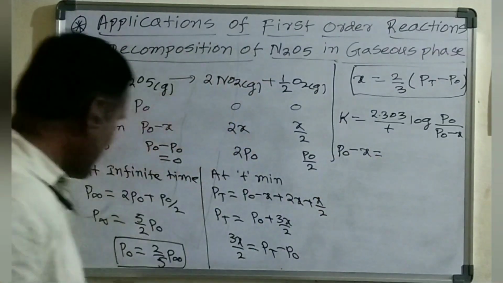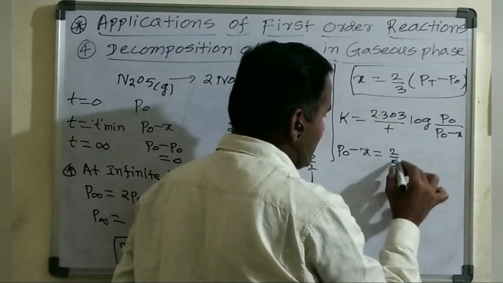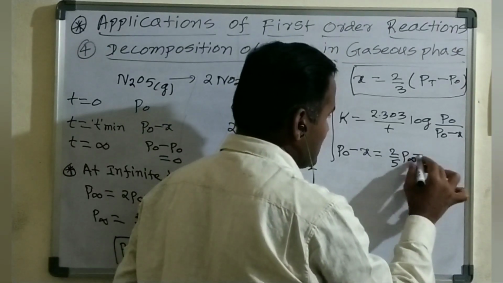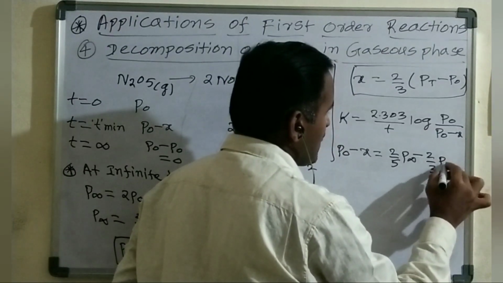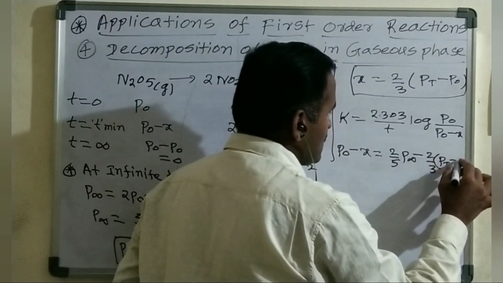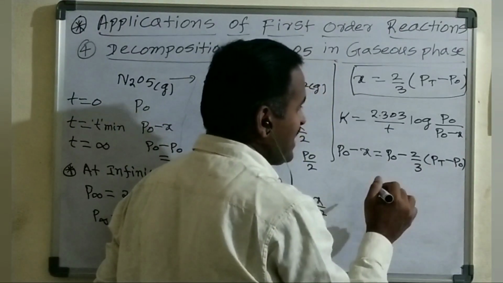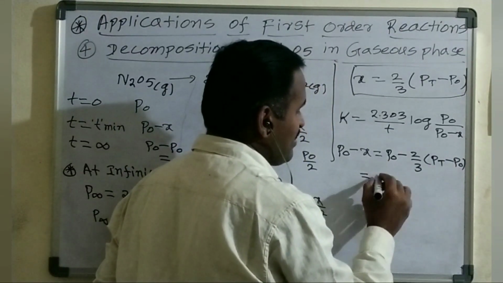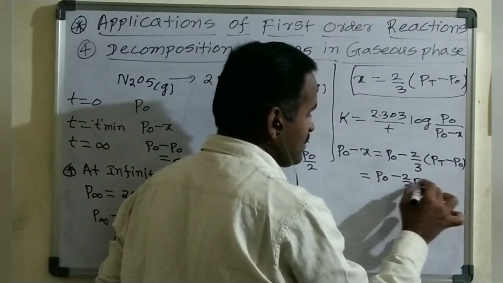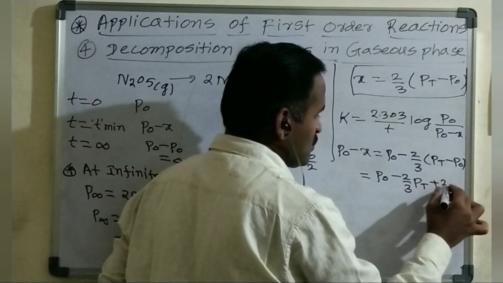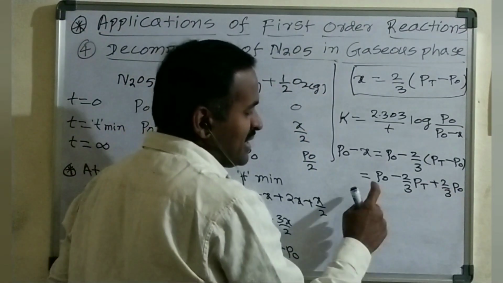Now find P naught minus x separately. Why? Because the P naught value is 2 by 5 P infinity, and x value is 2 by 3 (P total minus P naught). This P naught minus x I can expand: P naught minus 2 by 3 of PT plus 2 by 3 of P naught.